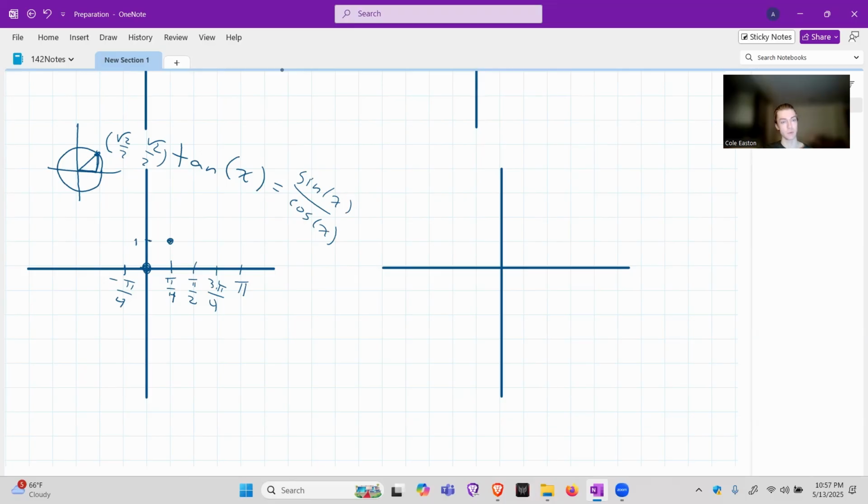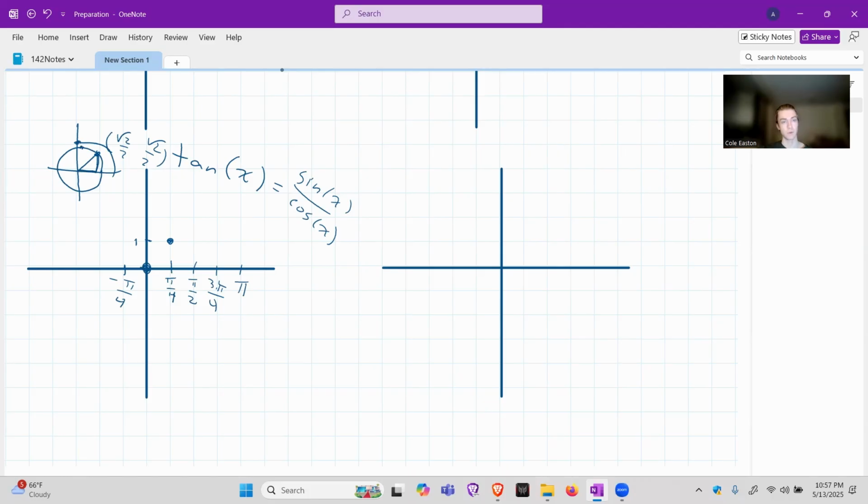Okay, pi over 2, that means that we're up here at the top. So sine of that is going to be 1, right? That's the y component. And the x component is 0. So 1 divided by 0. So that's not defined. But let's think about what happens just a little bit before that.